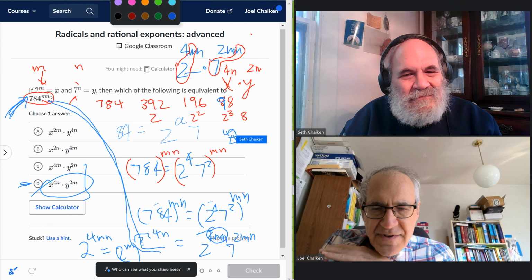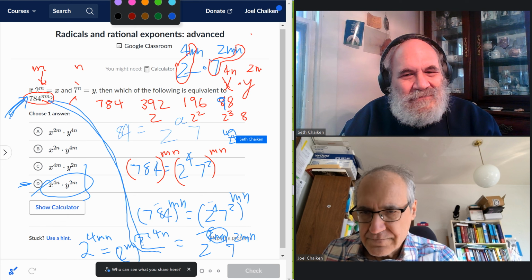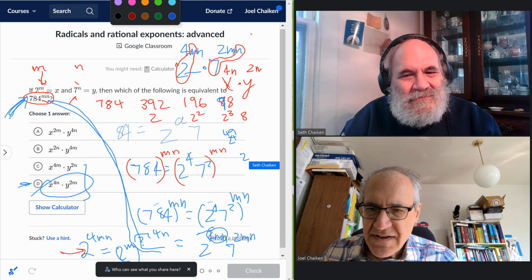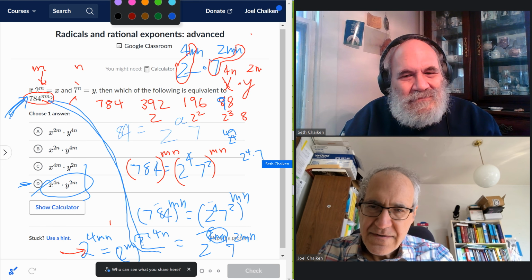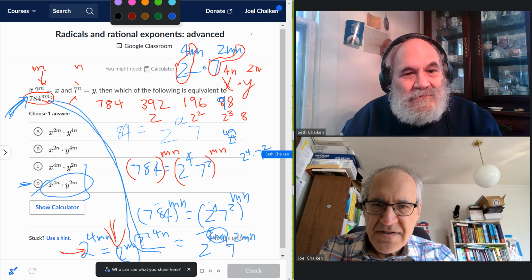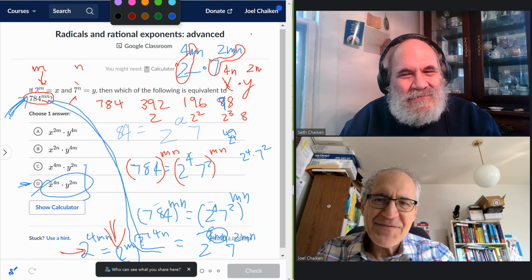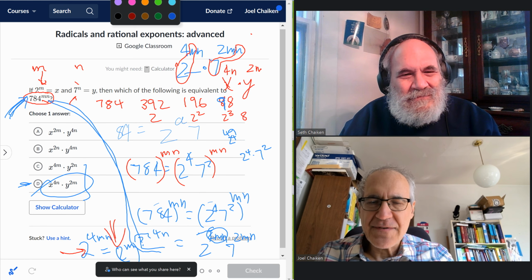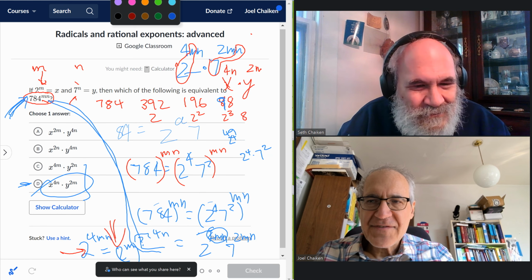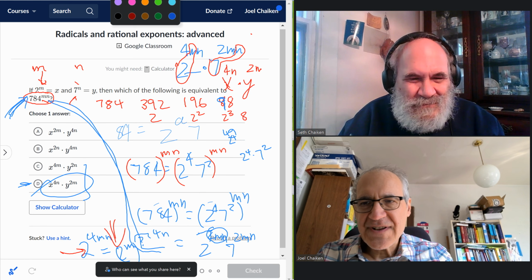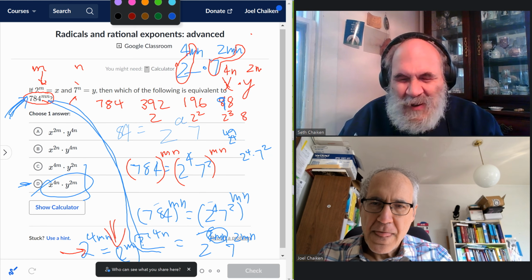I mean, Seth did a similar thing down here, but he didn't put the x in explicitly. So, I see Seth's going through the prime factorization of 784. Basically, when you see problems like this, if you see a 784 and 2s and 7s floating around, it's very likely you're going to have to do a prime factorization of 784 to get it in terms of 2s and 7s.